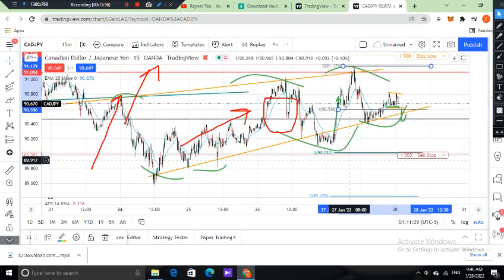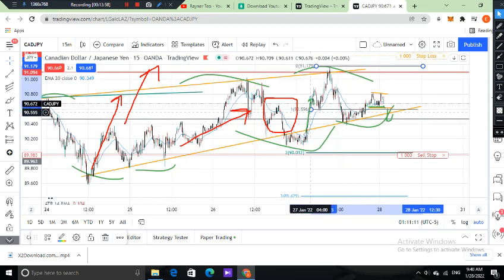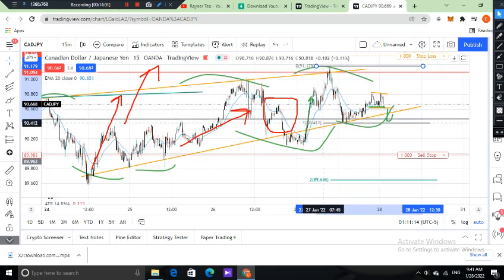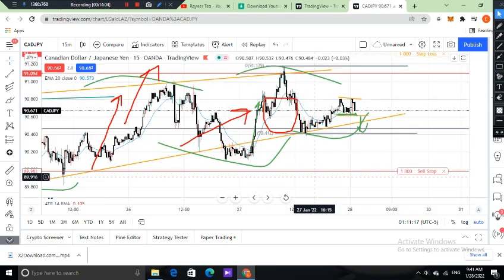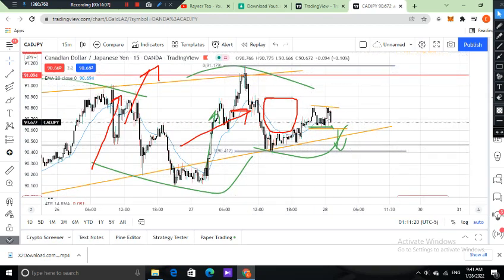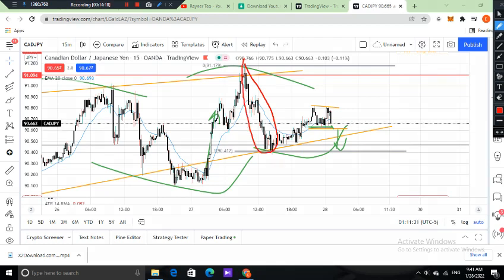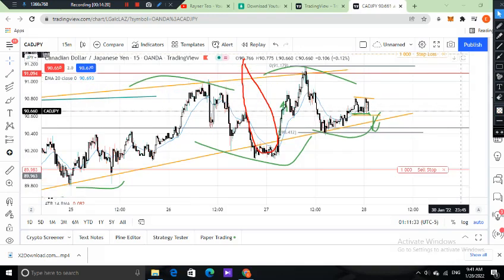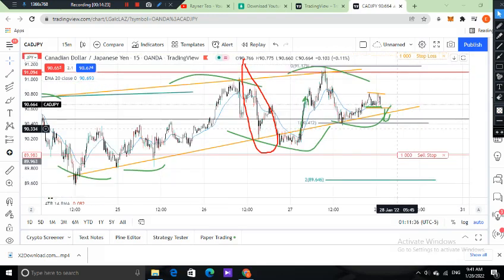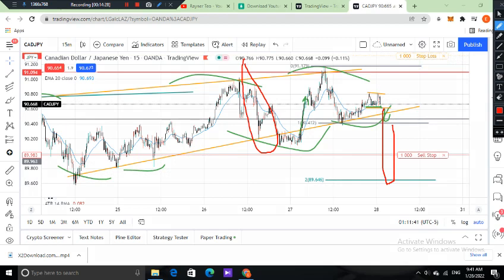If you use the Fibonacci channel and put it below this, considering this as the first leg and this one as a pullback, you can get the target here at this level, which is the starting point of this whole move.